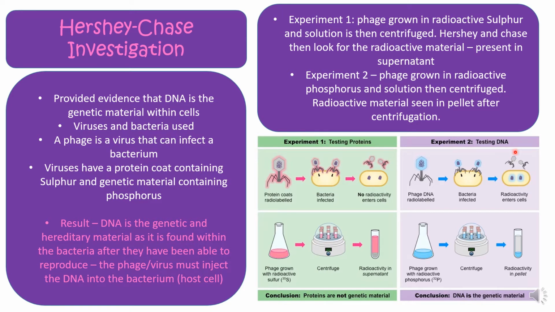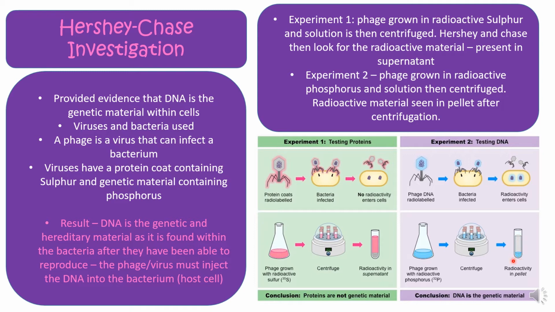In experiment 2, you can see the same thing, but the DNA within the virus is labeled. That DNA is then injected into the bacteria, and within the bacteria you have the radioactivity. The phage is allowed to reproduce. The bacteria and the phages are mixed within a solution, and the reproduction occurs. We centrifuge the solution, round and round, and then we have our pellet and the supernatant.